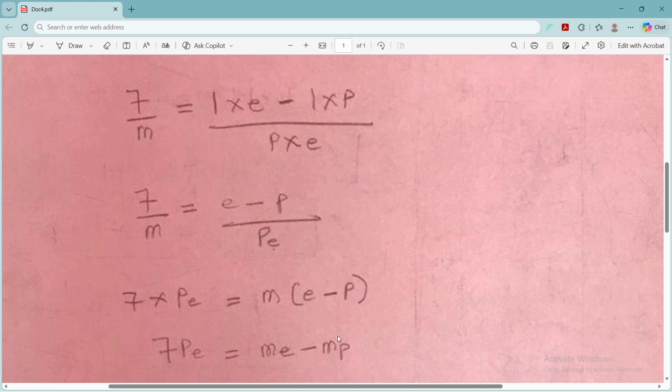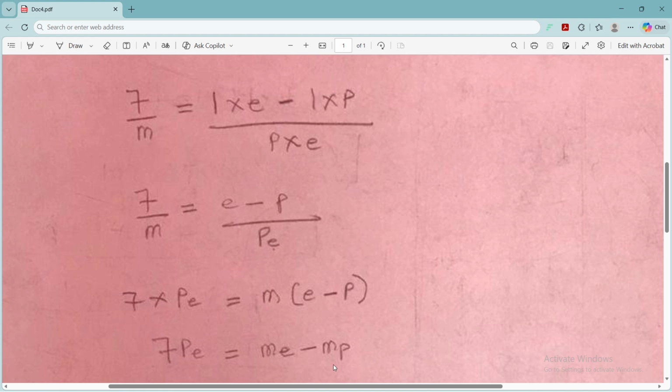So what we have to do is to group like terms because we want E to be the subject of the relation. So we group those with E at one point and those without E at the other half of the equation.